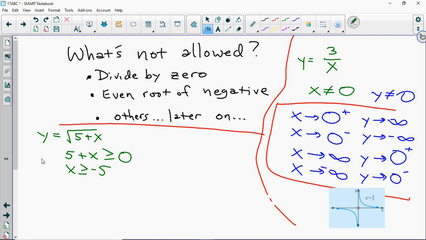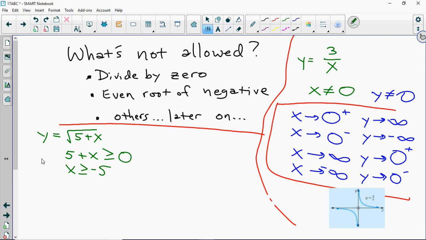When we think about the range, so the y values, I might start off in this case by considering our absolute smallest x value, which is negative 5. When I substitute that into the function, I get a y value of 0. Now, as x gets bigger, then we're taking the square root of bigger and bigger numbers.